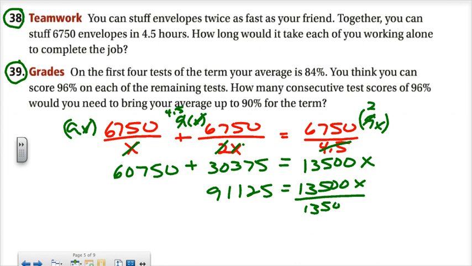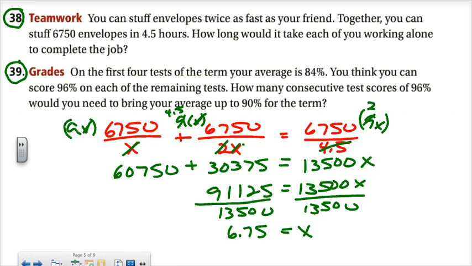We'll divide both sides by 13,500. And x is 6.75.